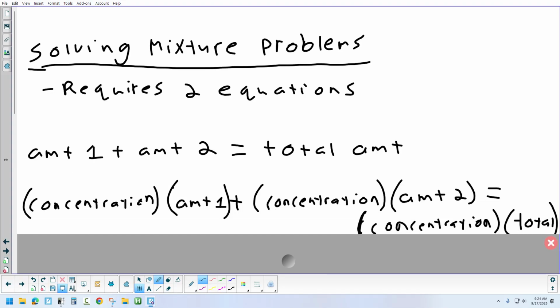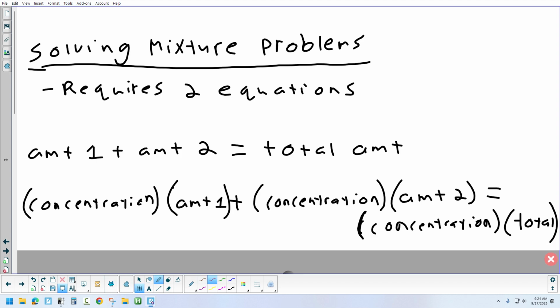Now, you have to do the concentration times the amount for the first solution. Then you have to do the concentration times the amount for the second solution. And this gives you, technically, the amount of acid in solution number 1. This gives you the amount of acid in solution number 2.